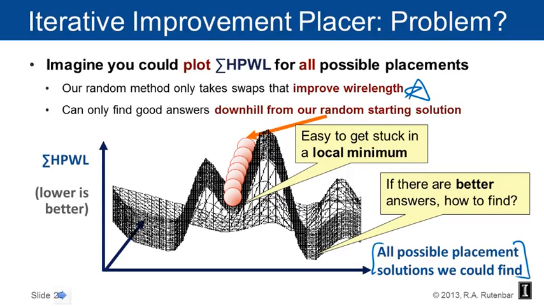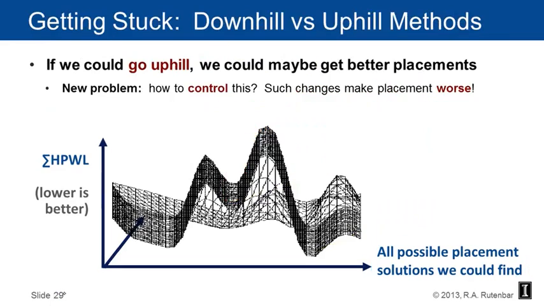I need some other ideas. So what I'd really like is a method that, instead of only going downhill from the random initial placement and falling into the nearest local minimum, could go uphill and maybe get to better placements. And so I'm just going to show you a little example.